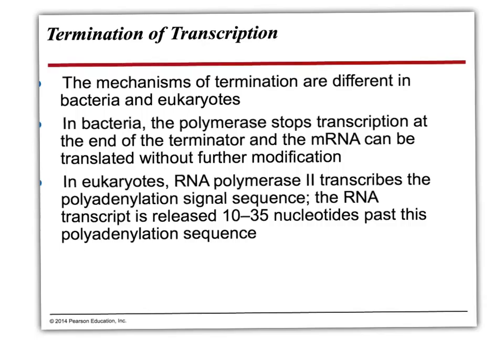That's the signal sequence where we're getting towards the end. So it transcribes through that and then continues for 10 to 35 nucleotides, a little bit past this polyadenylation sequence. The polyadenylation sequence is a run of adenines in the DNA. Okay? So the RNA is going to have a run of uracil residues, okay, that will cause it to kind of lose its connectivity.